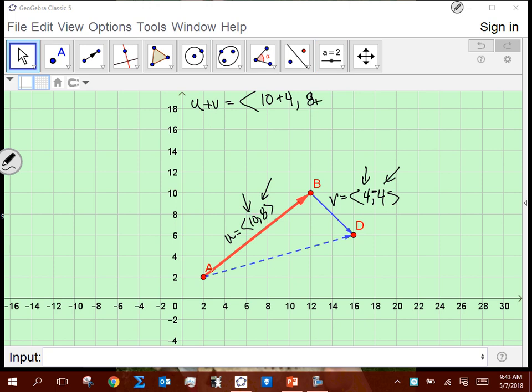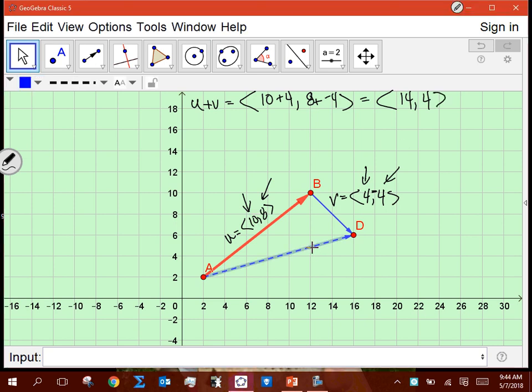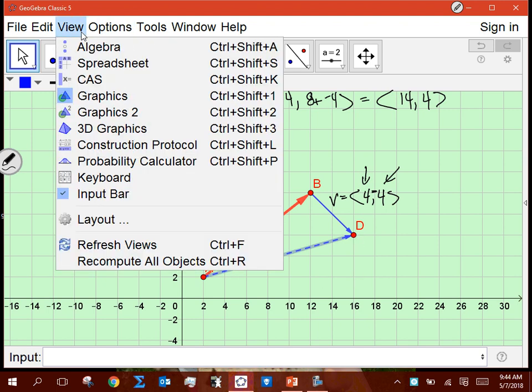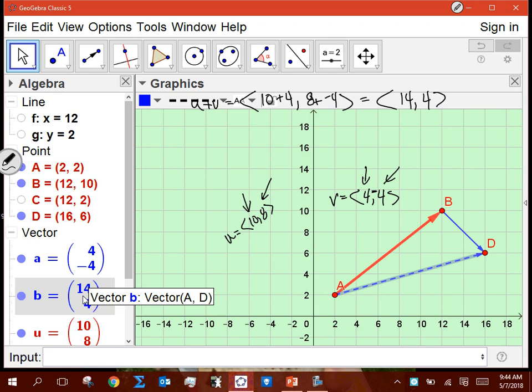So 8 plus negative 4, and that turns into 14, comma 4. So this vector right here is 14 units to the right and then up 4. And if I look at the algebra, it's <14, 4>, right? Does that kind of make sense?